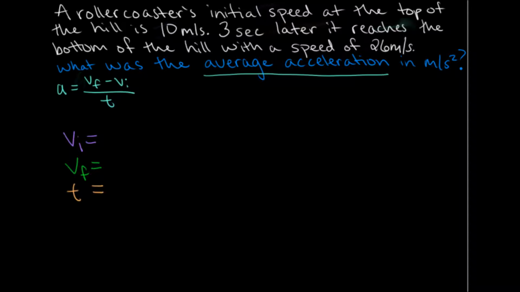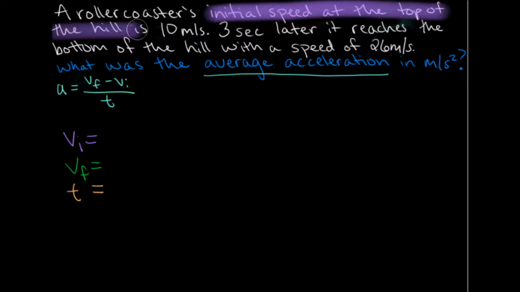Okay, so now we're going to read the question and highlight all of the key phrases and numbers that we need. So a roller coaster's initial speed at the top of the hill is 10 meters per second. So they gave you the phrase initial, so they've pretty much told you that the initial velocity is 10 meters per second.